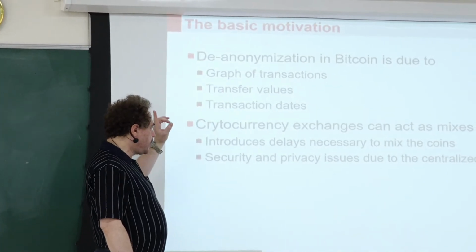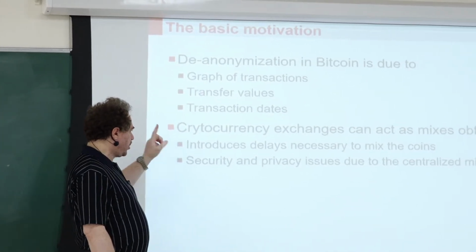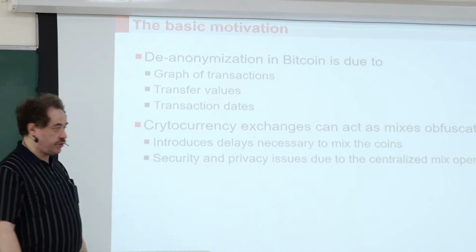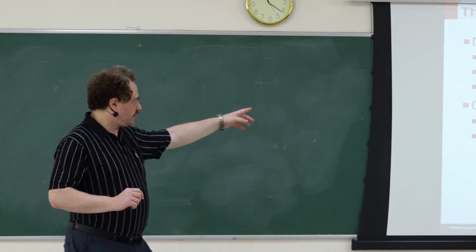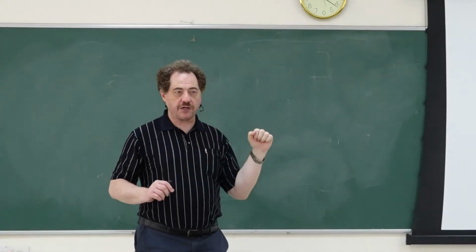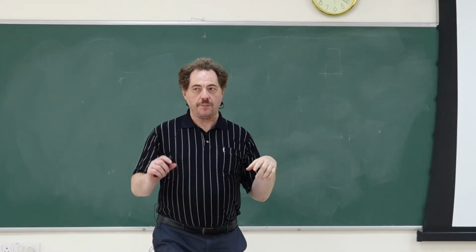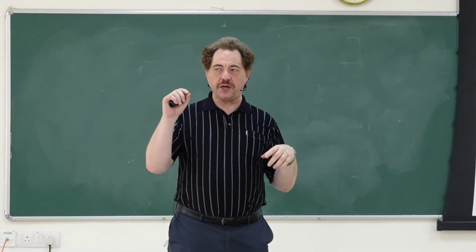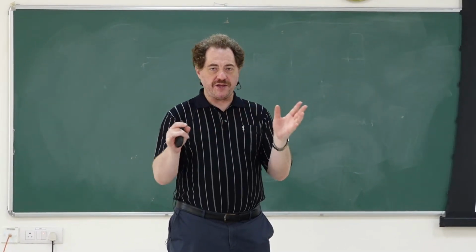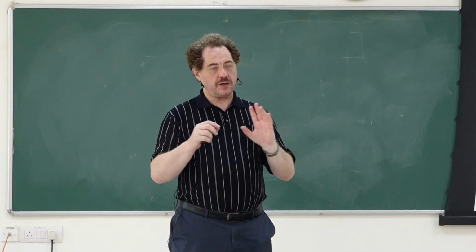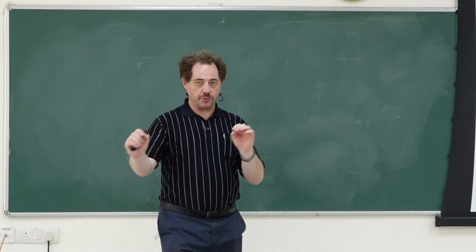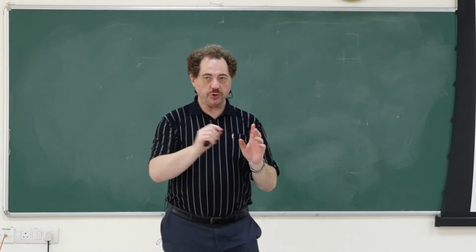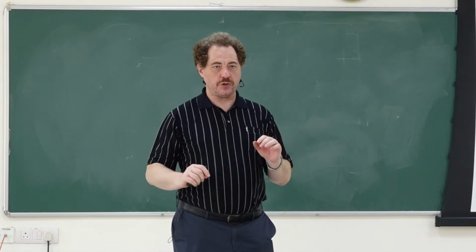Another reason why cryptocurrency exchanges help is that they introduce delays. One of the reasons for traceability is transaction times. But what a crypto exchange can do is batching. It means that the crypto exchange would get the first transaction from Alice to Bob. It would not immediately put it in Bitcoin.